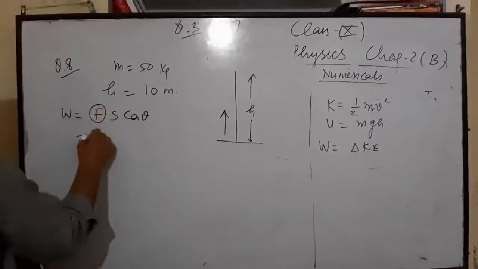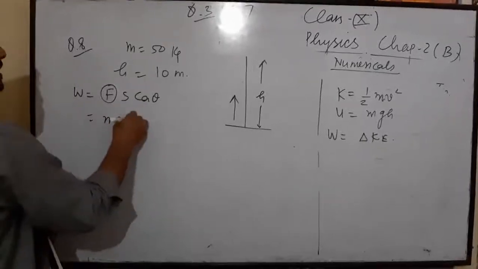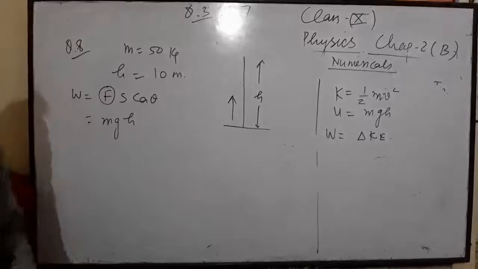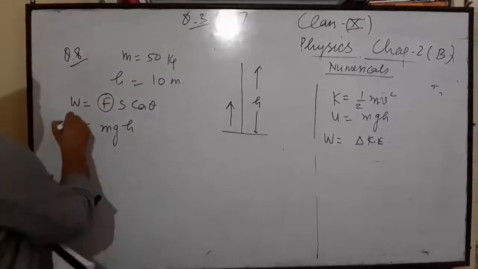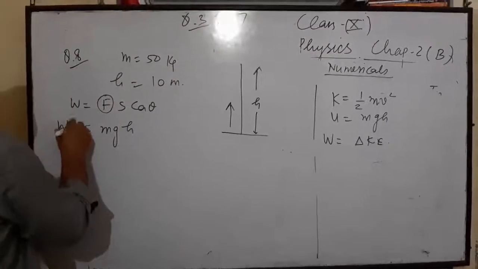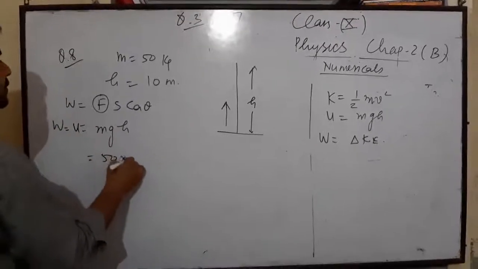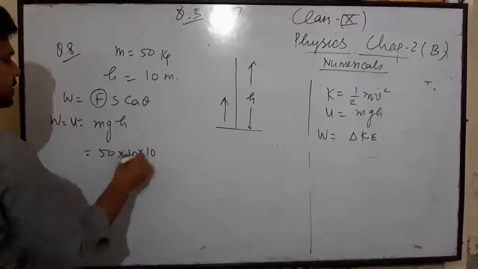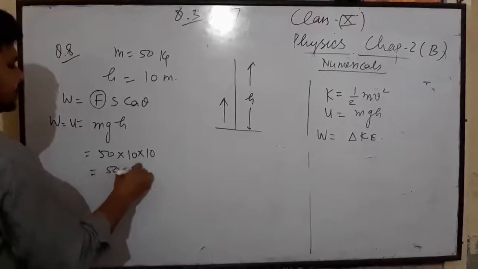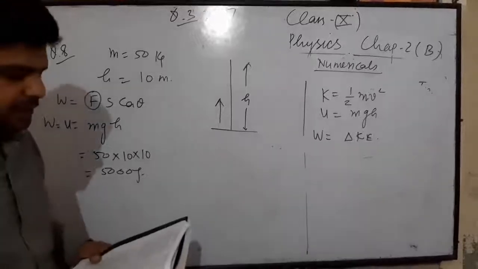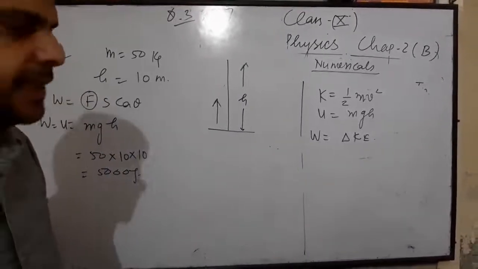F is mg, s is h, and theta is 0, because the displacement and the force applied by the man are in the same direction. So here work done is equal to potential energy, mgh: 50 into 10 into 10. This is 5000 joule.